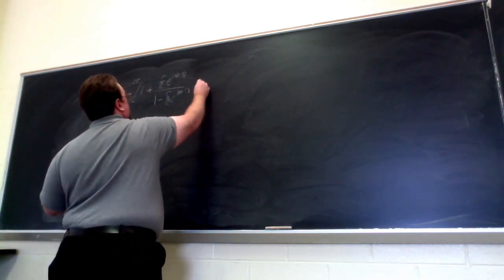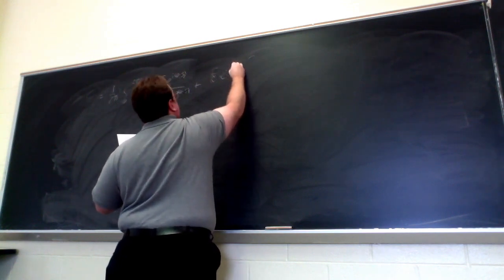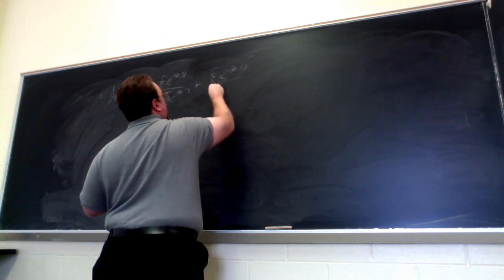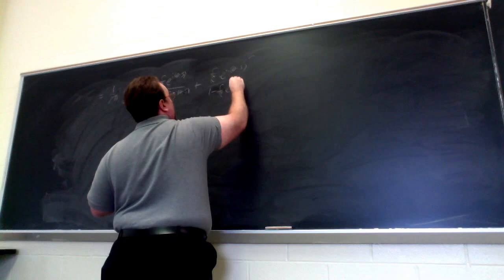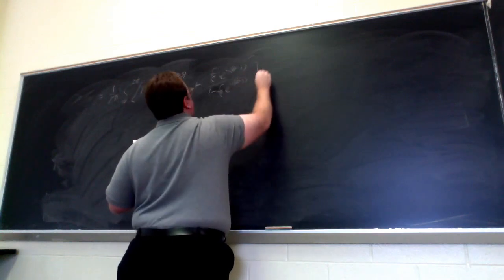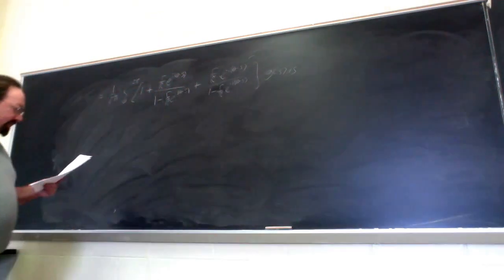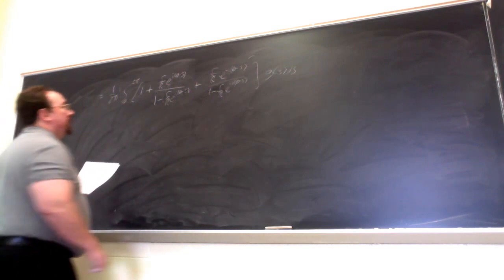And then I have a similar expression over here with a minus. Then 1 minus r over r tilde e to the minus i theta minus s, g of s, ds. Okay, so now I'd like to simplify this. The easiest way, since I have these fractions, is to multiply top and bottom by r tilde.